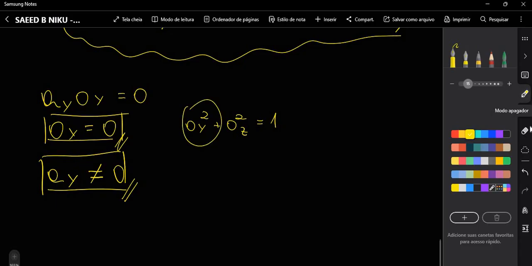So now that we found Oy, which is equal to 0, then Oz squared is equal to 1, and Oz is equal to 1 when we take the square root.